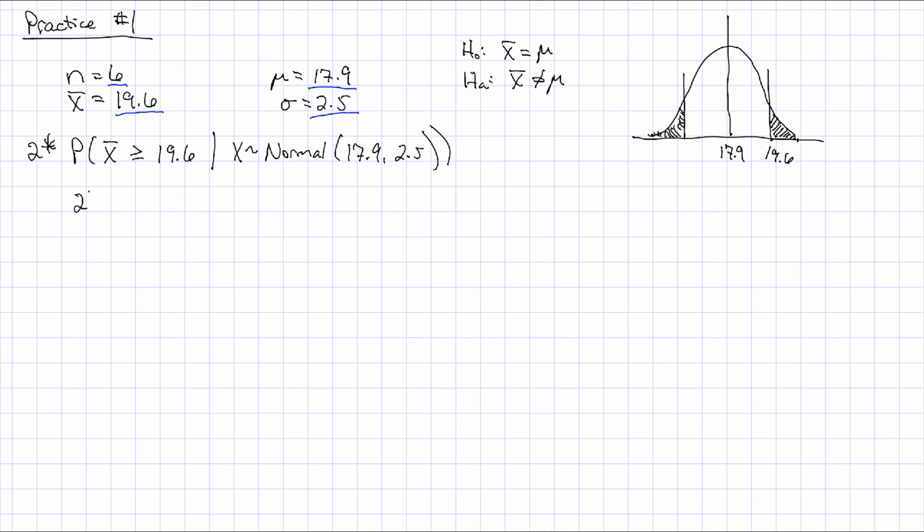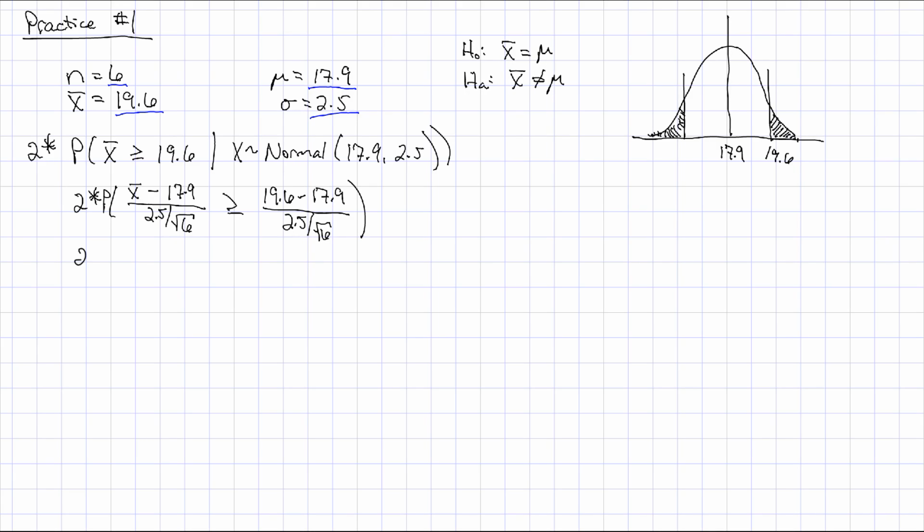So I start out by calculating our z. So we'll take our sample mean minus 17.9 divided by our standard error, 2.5 divided by the square root of 6. And we've got 19.6 minus 17.9 divided by 2.5 over square root of 6.